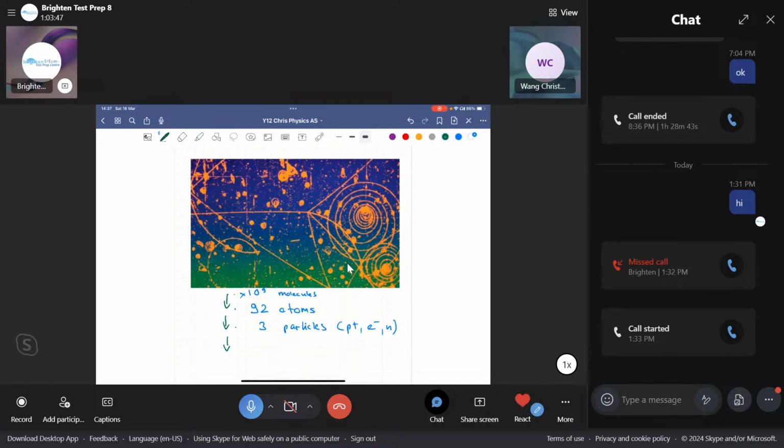Have you seen something like that before, Chris? So when you look at this one, what happens here? It's the collision. I think it's the collision of either a proton or a neutron. Yeah, could be. Now, what does that indicate?